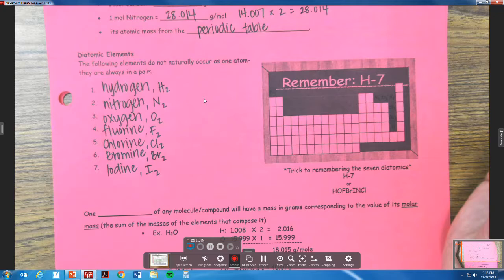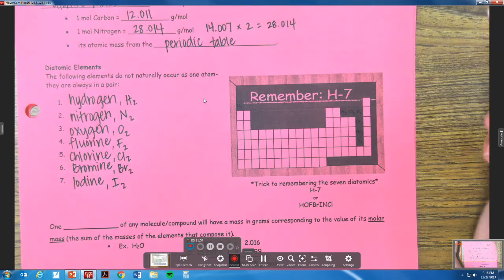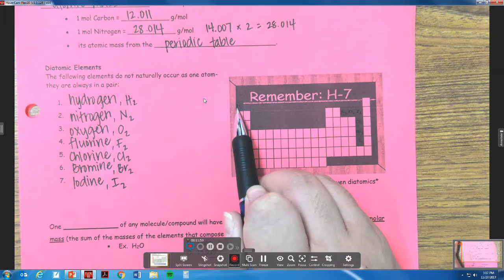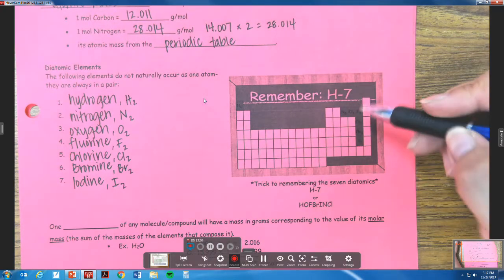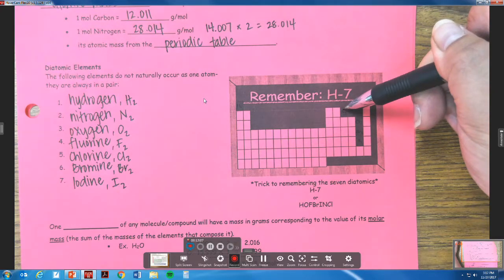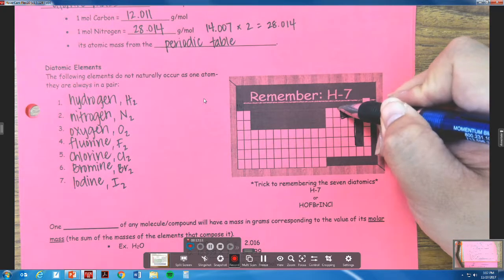An easy way to remember that, I'm not really sure if you guys can see it, but remember H7. Hydrogen represents your H, and then 7 starts at atomic number 7, which is nitrogen, and it kind of creates the number 7 if you look at it.